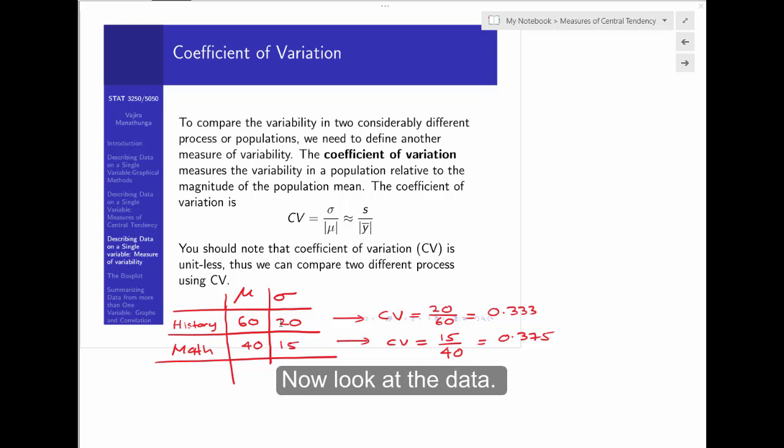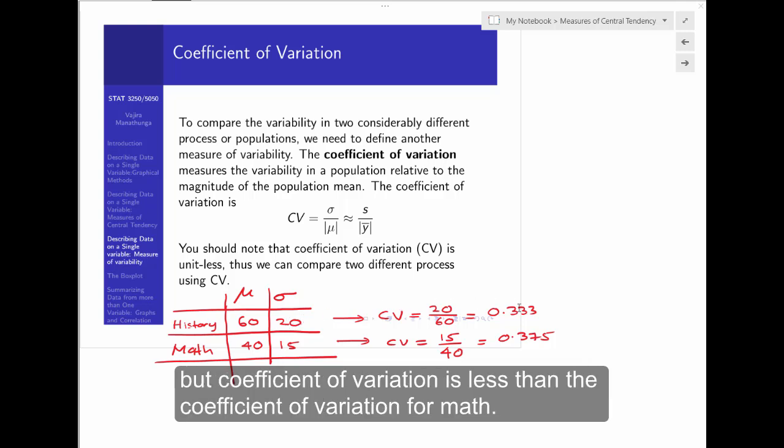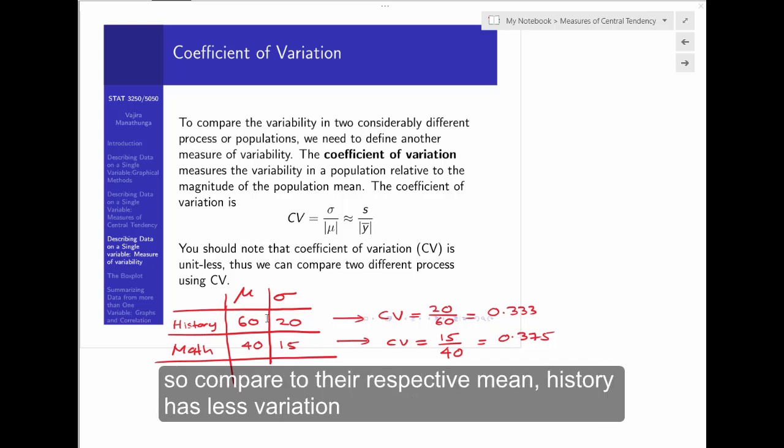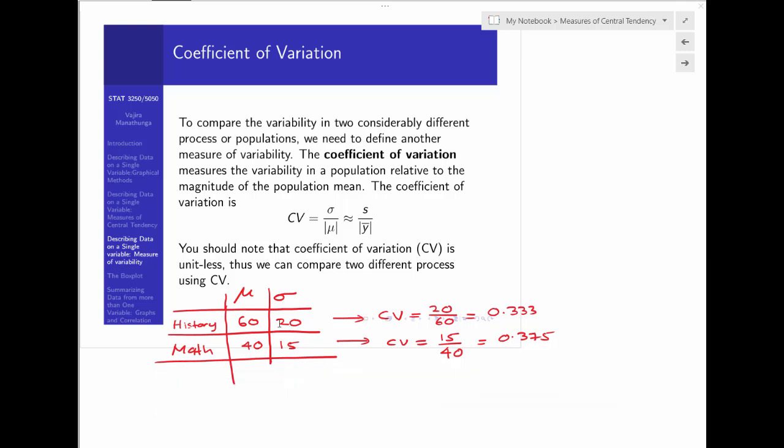In history, the standard deviation is 20, but the coefficient of variation is less than the coefficient of variation for math. So compare their respective means. History has less variation compared to math. Math has more variation with respect to its mean.